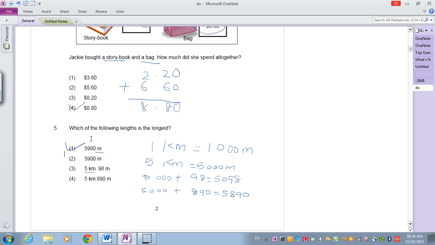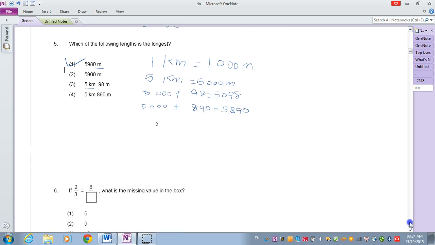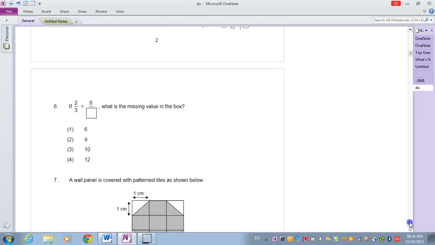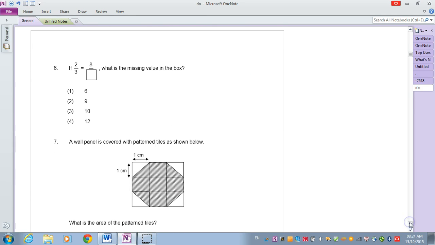Okay, let's move on to question 6. Question 6 says, if 2/3 is equal to 8 out of blank, a missing value in the denominator, what is the missing value in the box?